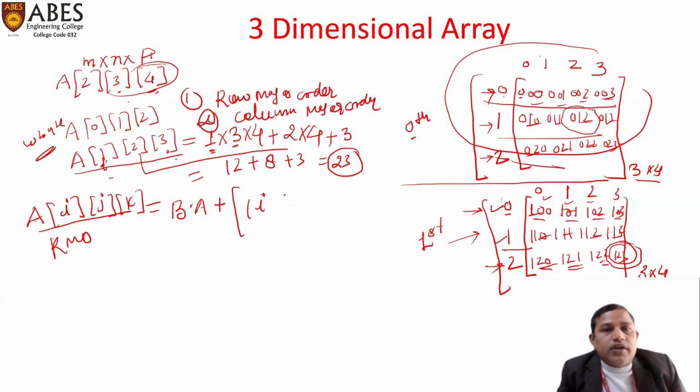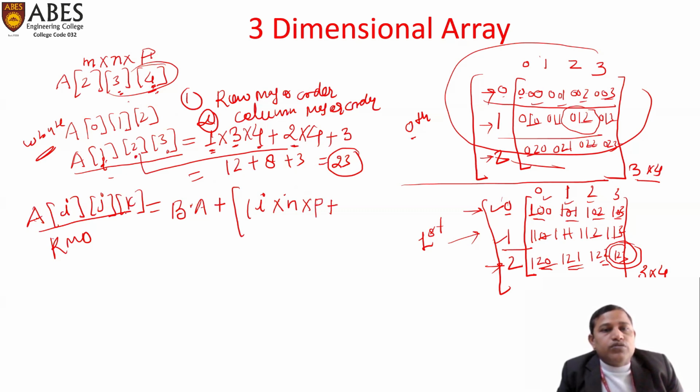Then what is 3 here? 3 is the number of rows of the zeroth two-dimensional array, so multiply by n, and what is 4? 4 is the columns of the two-dimensional array, that is p, plus what is 2 here?